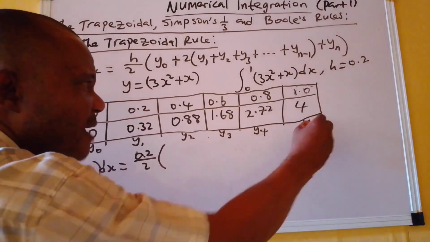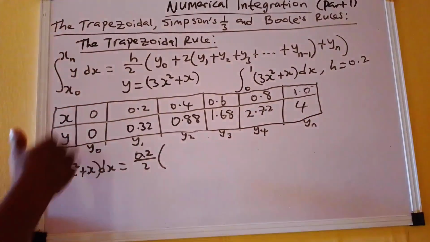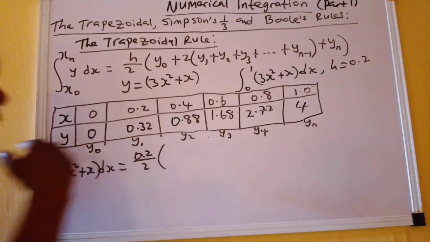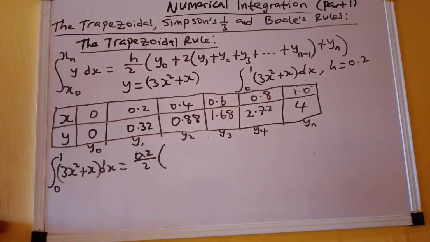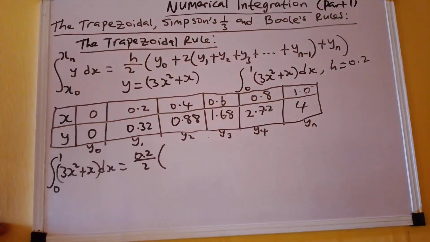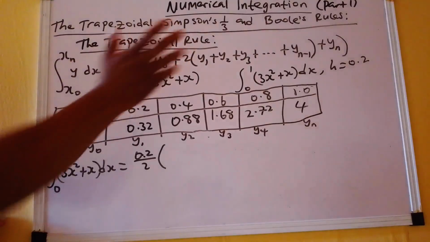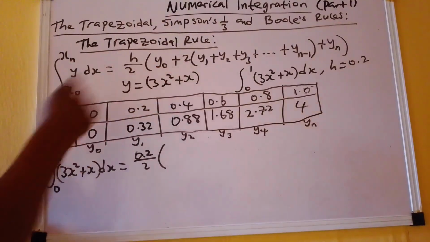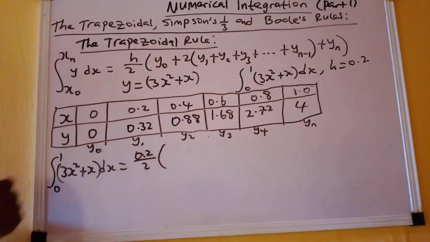The last one, you reserve it as your yn. If you label it this way, you will be able to understand it better. So you start from y0 to yn. Now this is how we are going to apply it. You can see that the y0 is on its own here, and our y0 is 0.